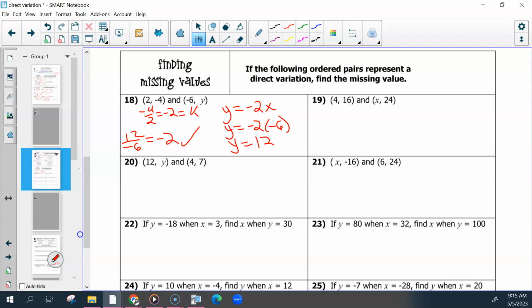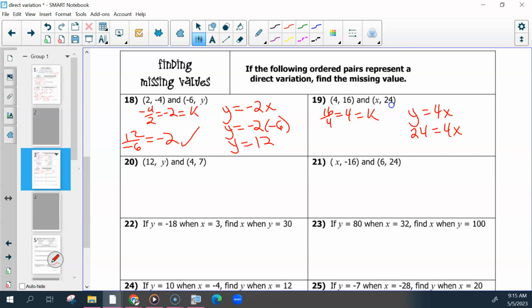Divide 16 and 4. How would we write that into an equation? What would that direct variation equation be? Now we're solving for x. Our y value is 24.